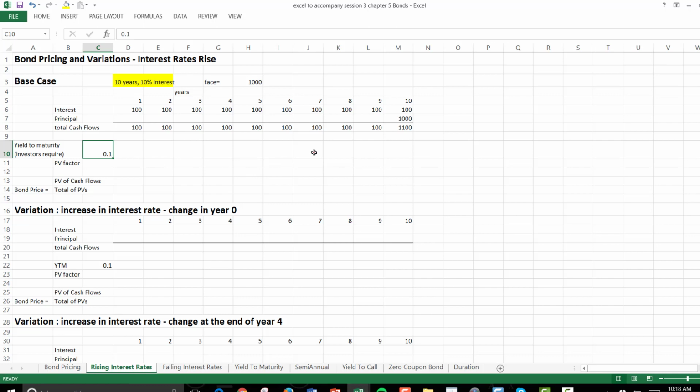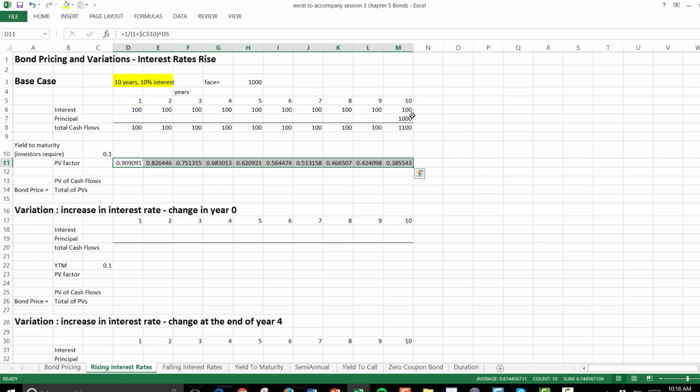Now, to make it simple, let's say everything's perfect. You offer 10% and they say, fine, I'll take 10%. So here, as just a base case, let's say it's easy. It's just that amount. PV factor is plus 1 divided by open parens, 1 plus the interest rate. Lock it with an F4, close parens, raise it to the power of years. Use that factor across 10 years.